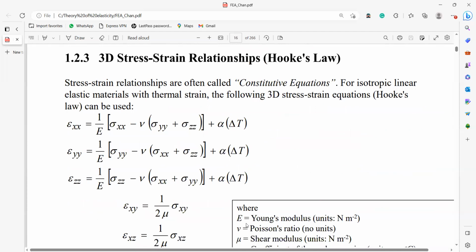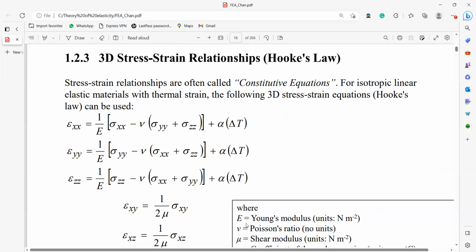So now here you have Hooke's law. Hooke's law for the uniaxial case would be epsilon xx is equal to 1 by E sigma xx, or sigma xx is equal to E into epsilon xx.